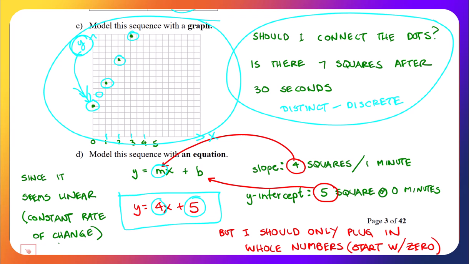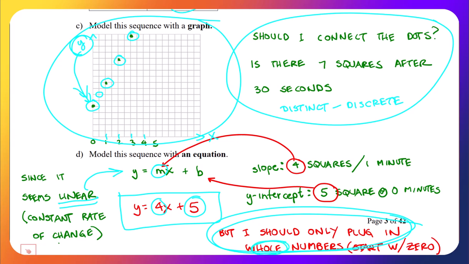Since there seems to be a constant rate of change, it's linear, and so I can use this equation. But because of the situation, we would only want to plug in whole numbers. Remember, the whole numbers start with the whole, 0.